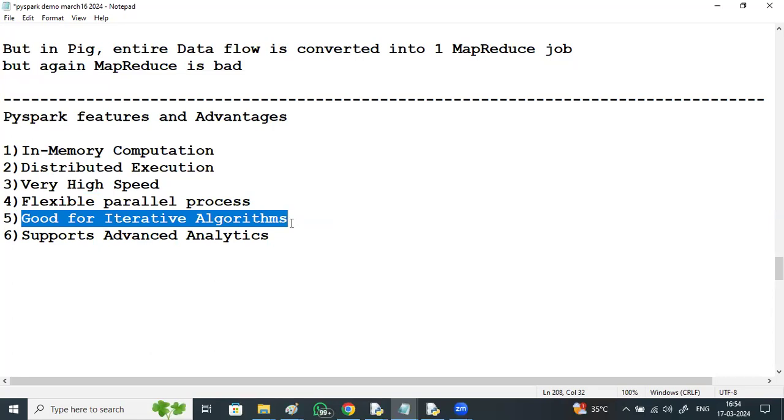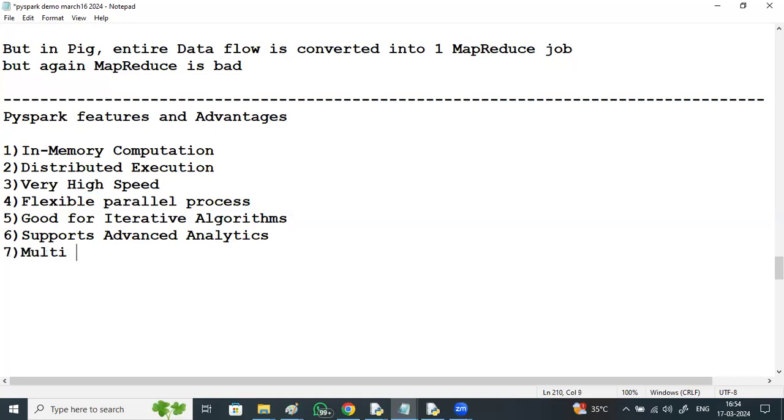It supports advanced analytics and multi-language support: Python, Scala, Java. And as compared with MapReduce, one more major advantage is that transformations can be reused.